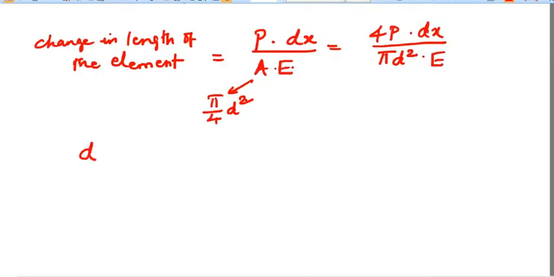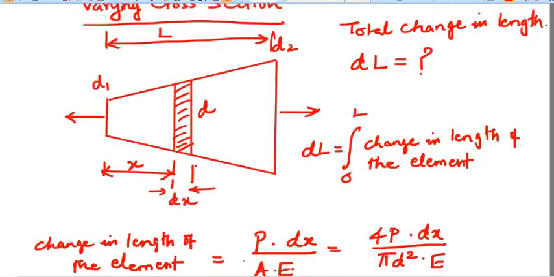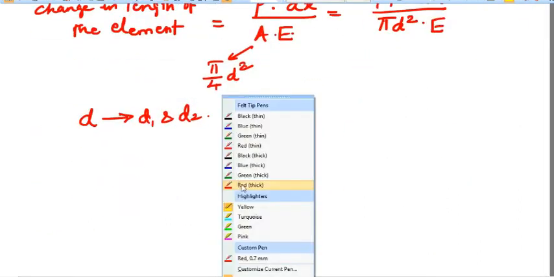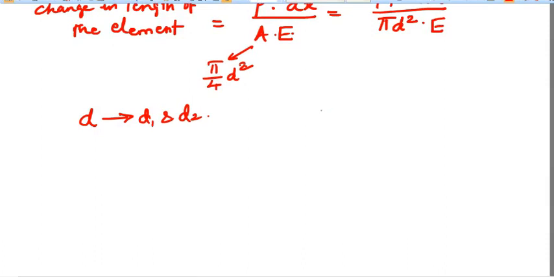Now I have to find the relationship between D1 and D2. For this I have to consider this upper part. The diameter has a linear variation.